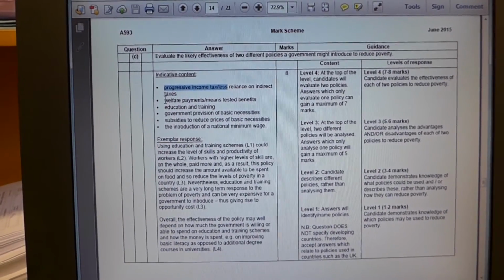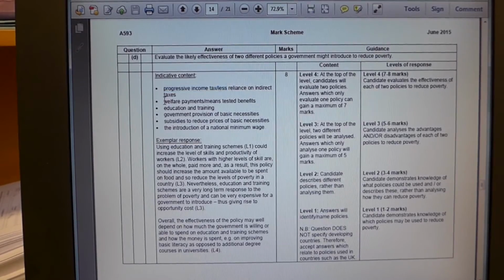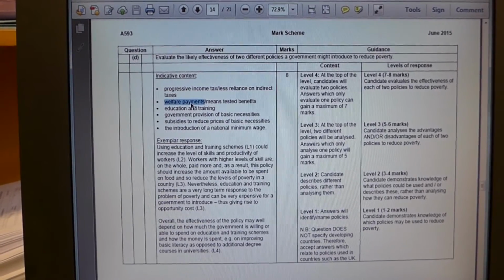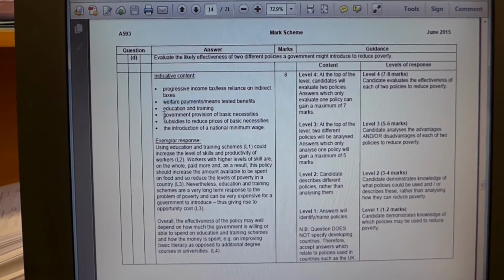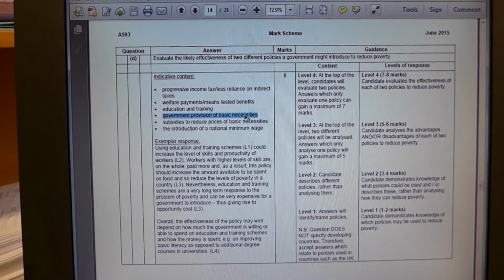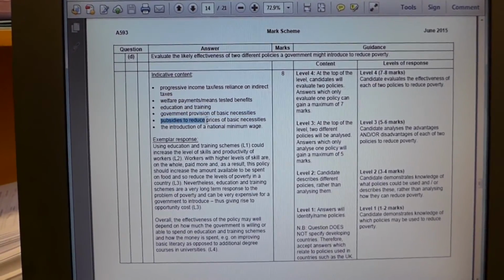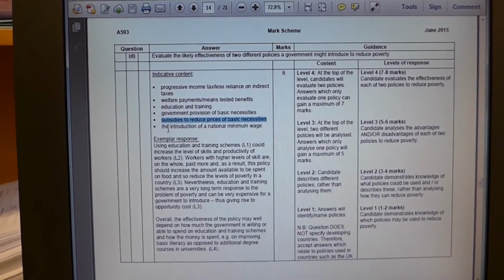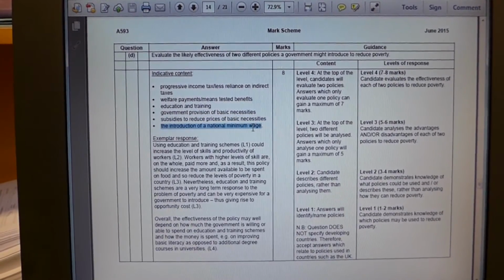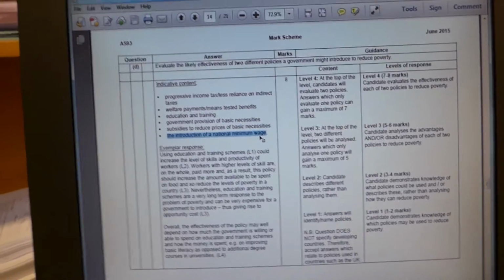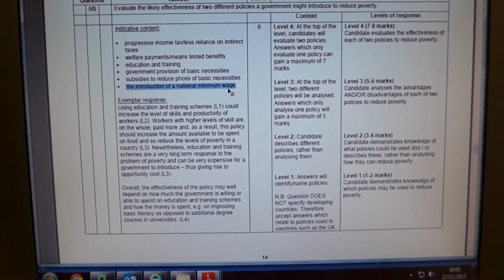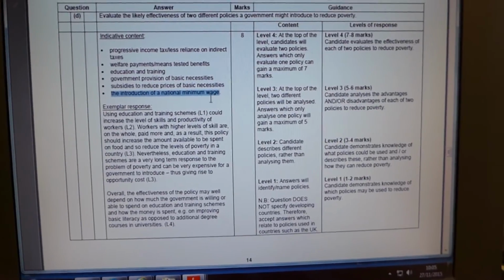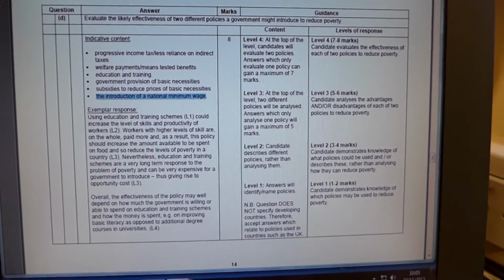You could identify using increasing welfare to reduce poverty, education and training as mentioned, the government provision of basic necessities, subsidies to reduce the price of basic necessities, the introduction of a national minimum wage. Maybe you'd like to comment on the national living wage as of next April. So all sorts of things that you could have included in that question.